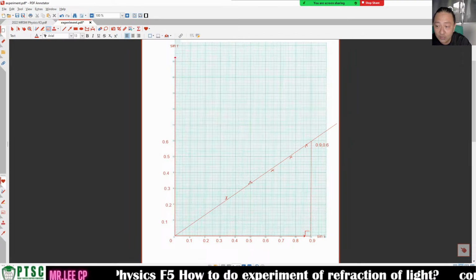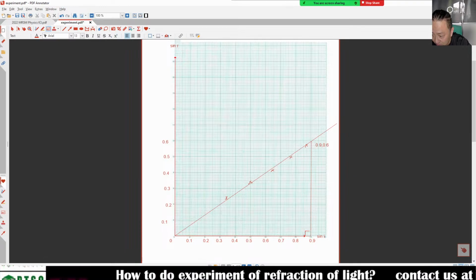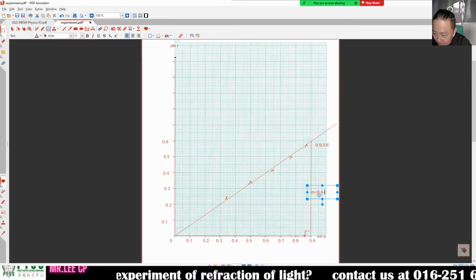Okay. So now how to find the gradient? The gradient will be, I do it here, not enough space. 0.9 minus 0.0.